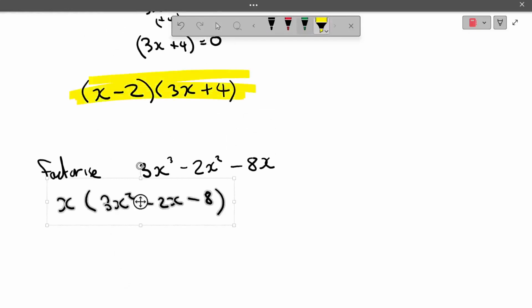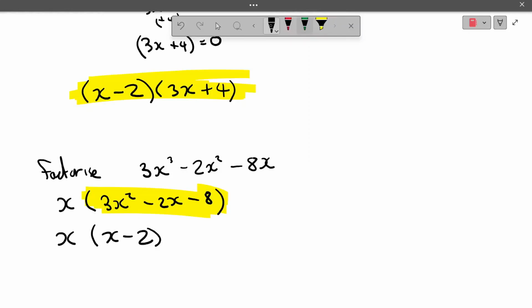This bit here I'm highlighting, I could separately factorize out the bit in yellow. We have x, brackets x minus 2, 3x plus 4. So that is actually it factorized. So all they've really done is put an extra x.